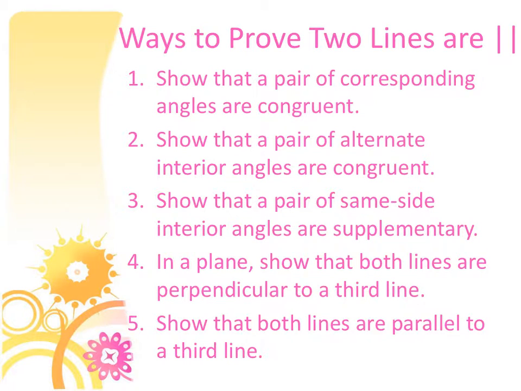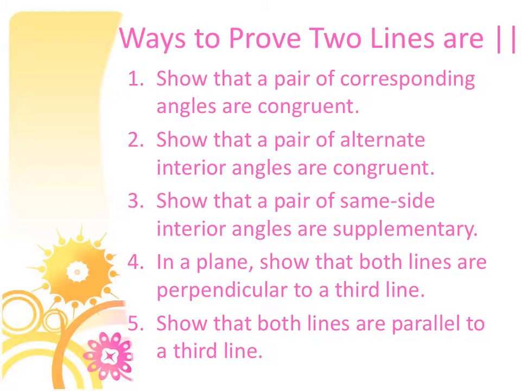All right, now, these are 5 ways that you could prove 2 lines are parallel. So when you're writing your proof, look for one of these situations. Either show a pair of corresponding angles that are congruent, show a pair of alternate interior angles congruent, show a pair of same side interior angles as supplements, in a plane, show that both lines are perpendicular to the third line, or show that both lines are parallel to the third.